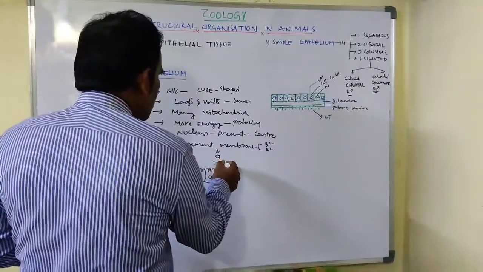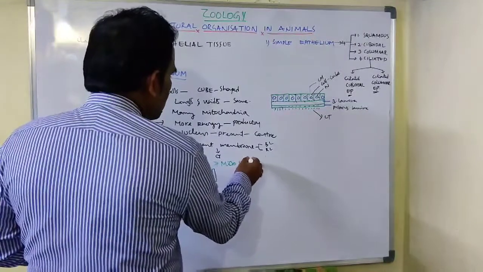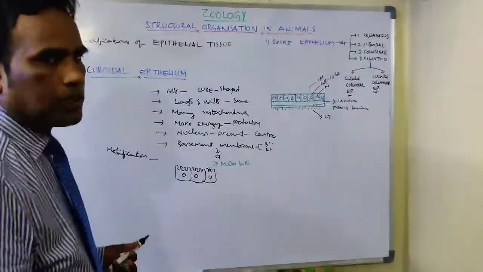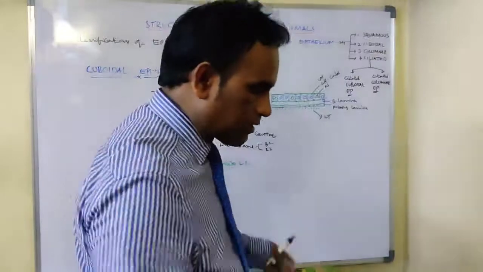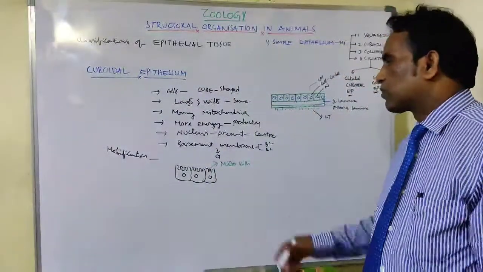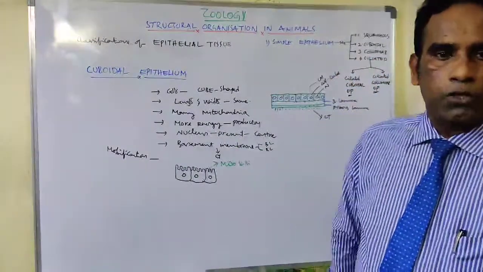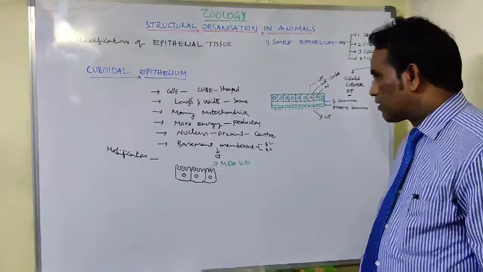The free surface of the cuboidal epithelium having a brush border appears like brush-like structures, finger-like projections, which we call microvilli, which help in the absorption of secretions.